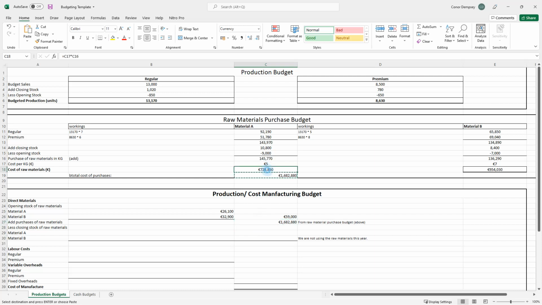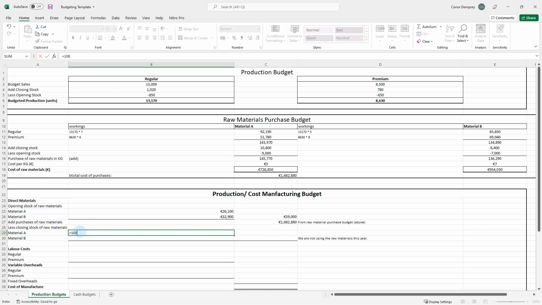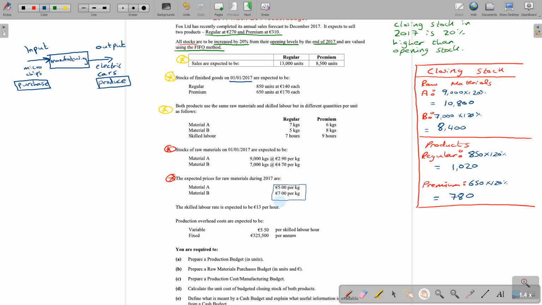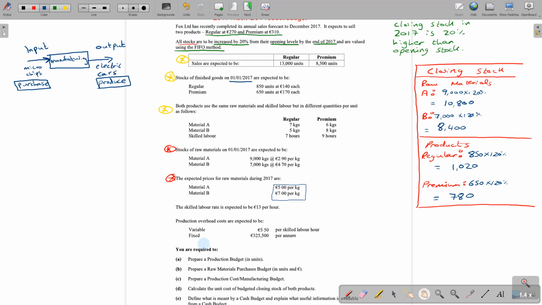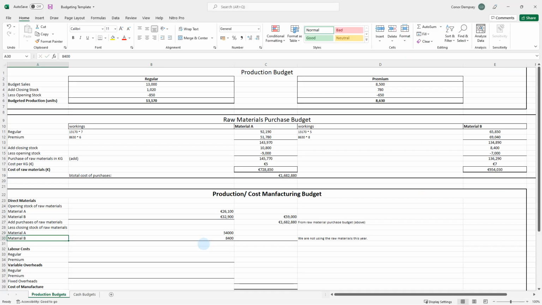So that is this plus this. Less closing stock of raw materials. So what's our closing stock? Well, we know our closing stock is 10,800. Because we're using FIFO, we have to multiply it by €5, and 8,400 multiplied by 7.